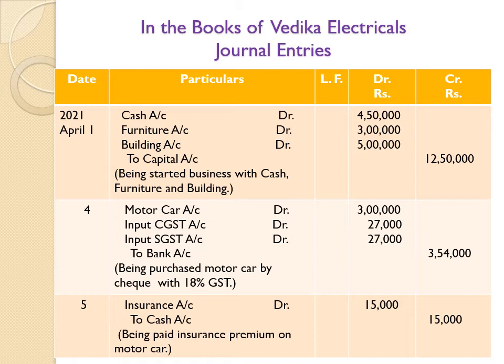So the motor car was purchased on 4th April. The insurance of that car was taken on 5th April 2021. So insurance paid, entry for it: insurance account debit 15,000 to cash account 15,000, being paid insurance premium on motor car.